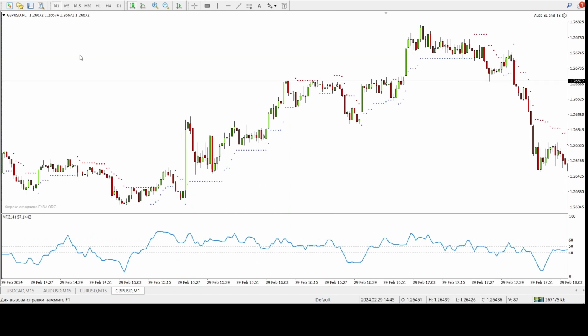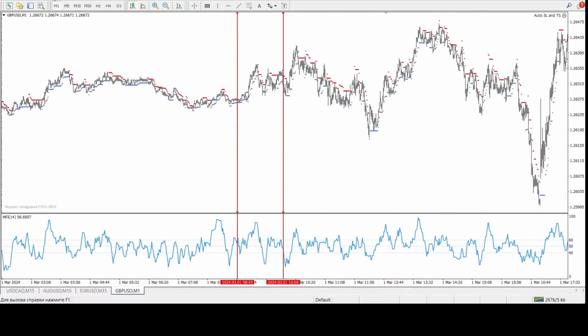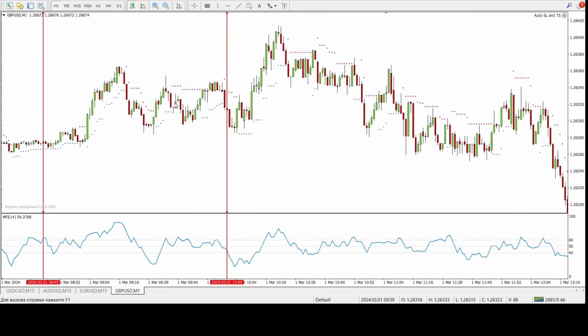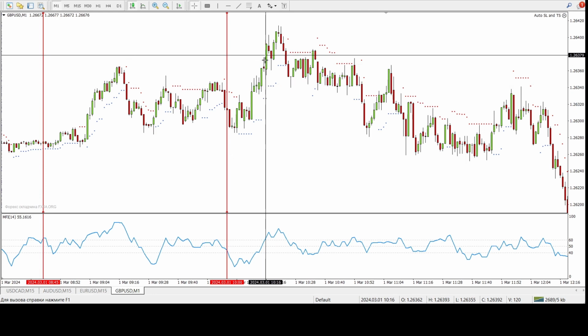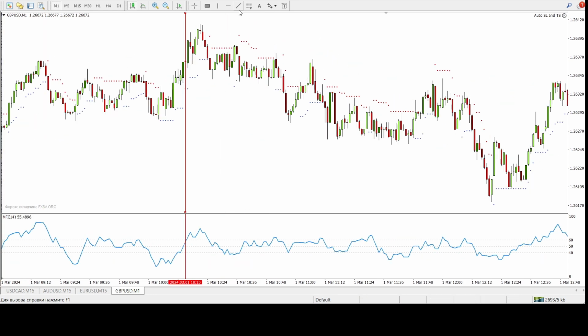Go to M1. And from 10:15 we start searching for a sale, from this candle. From now on, the first thing we had was this entry point.